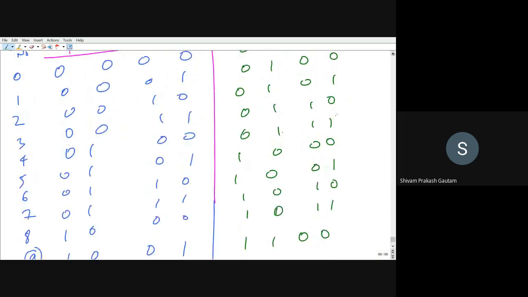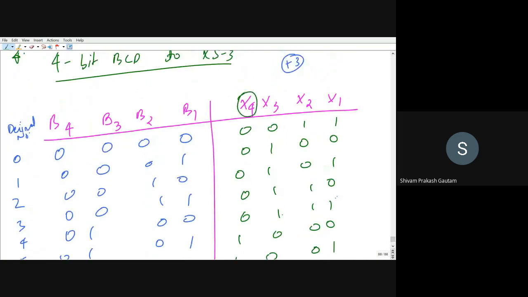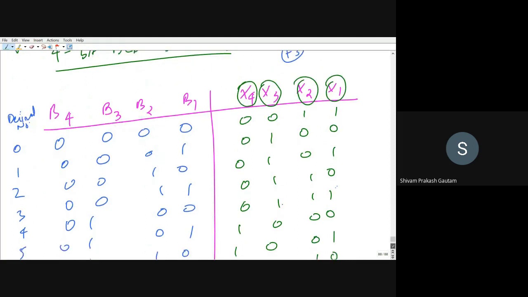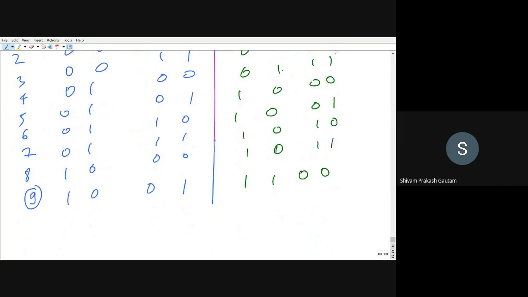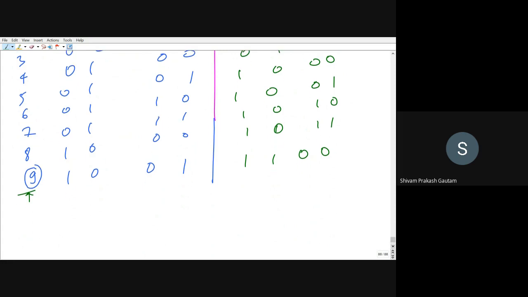Now you have to identify the min terms for X4, X3, X2, and X1. But before that, you can see that we have 4 variables, and we have only defined till 9. If you draw the K-map for 4 variables, there will be 16 positions available.